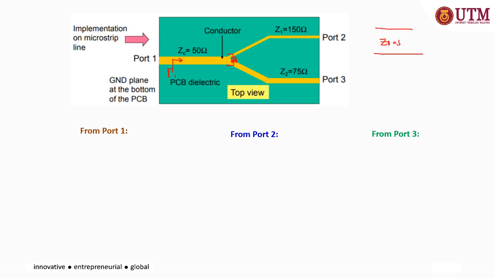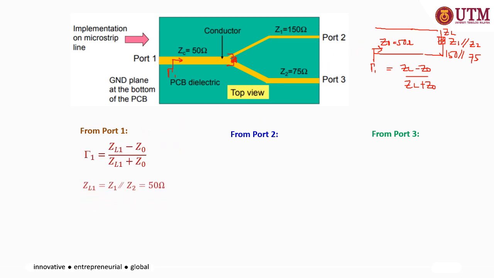Z0 here is 50 ohm. At this point you'll see that Z1 is in parallel to Z2, in which 150 is in parallel to 75. This is your ZL. So the reflection coefficient equals ZL minus Z0 divided by ZL plus Z0, as usual.